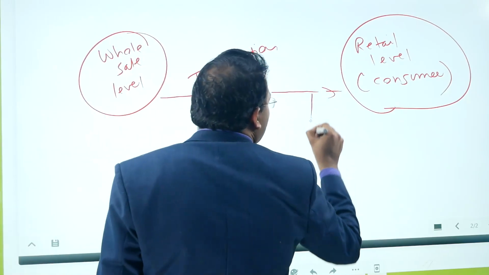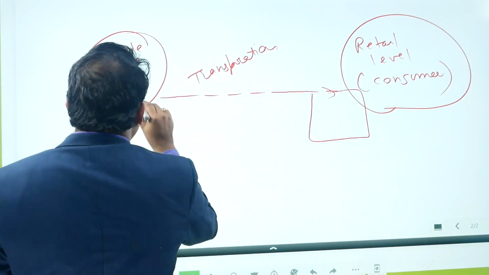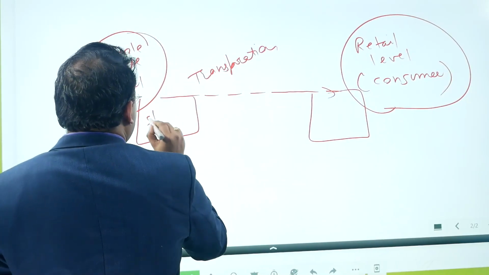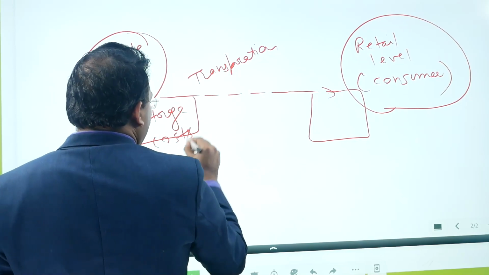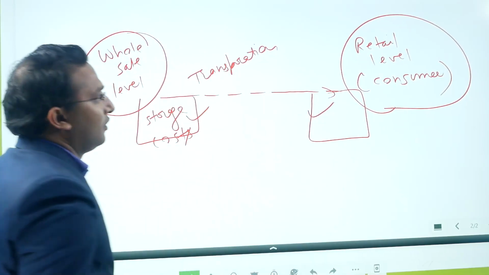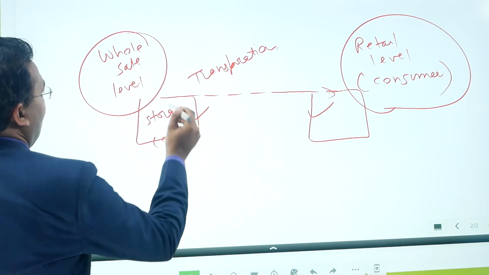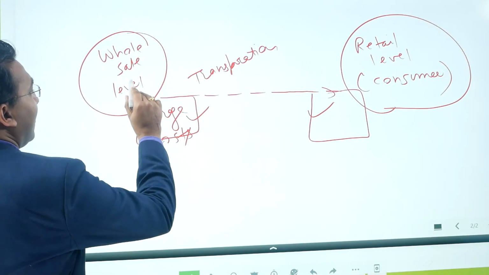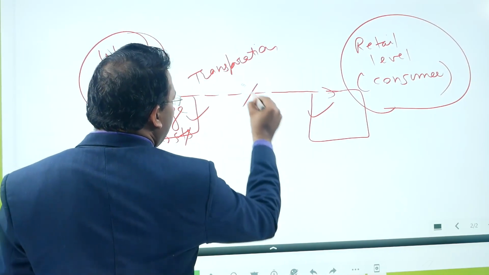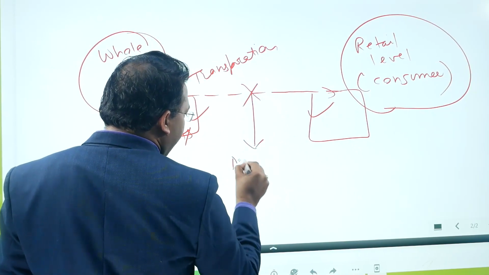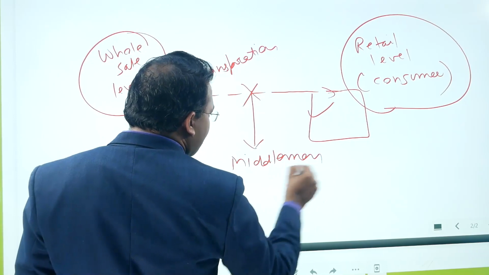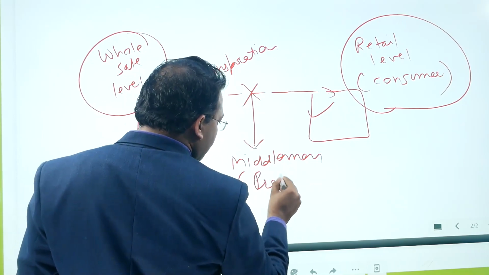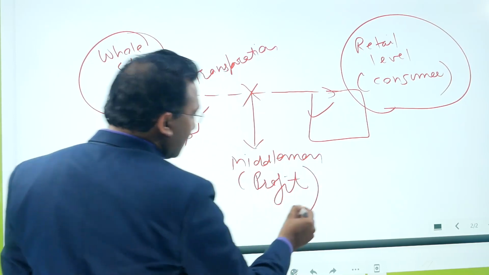Then these goods also need to be stored at both the places, so there will be storage costs here and here also. Then this wholesaler will not be selling directly to the consumer. There will be some middleman, some tradesman. So this middleman will also charge some profit, right?